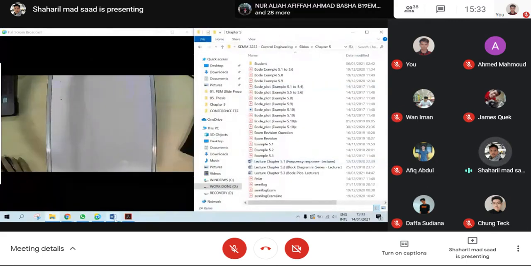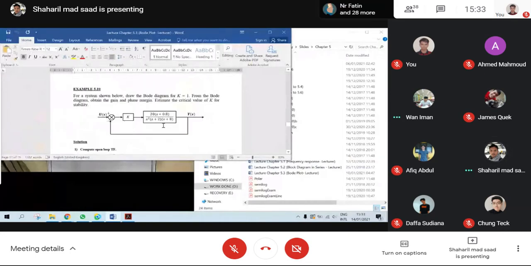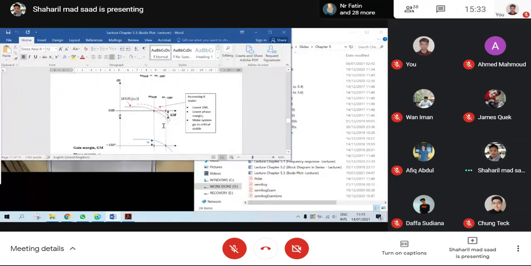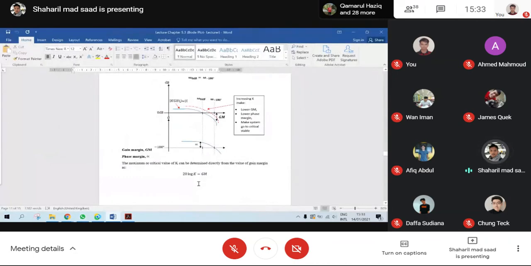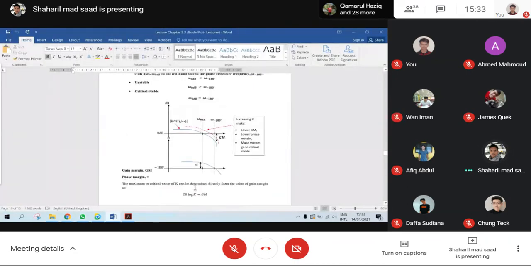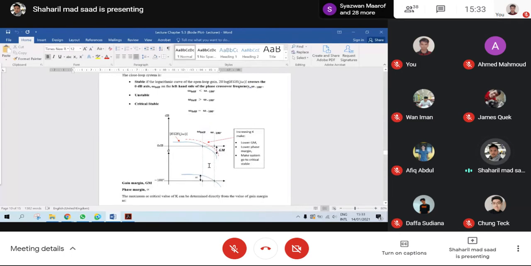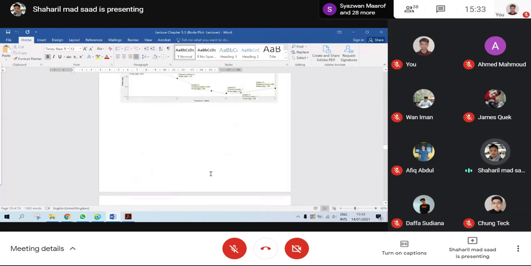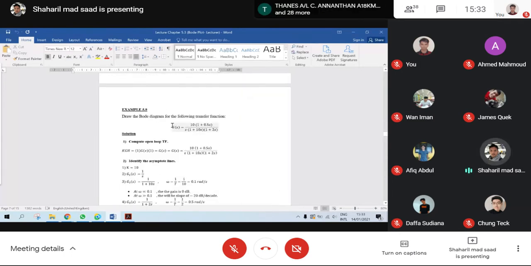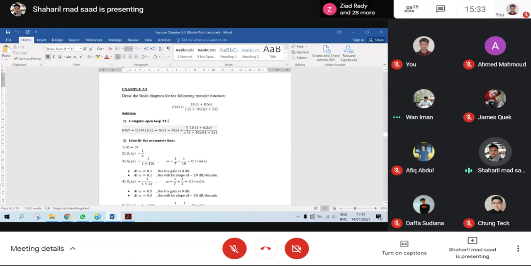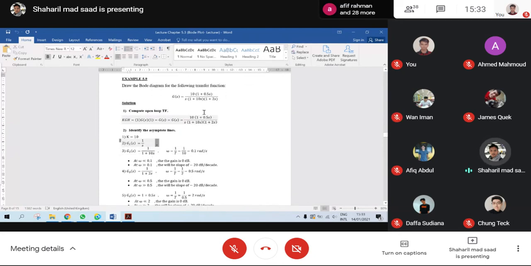Okay, let's look. We are coming back to this one. If you draw the Bode plot, you are given the transfer function like this one. Then you need to compute the open-loop transfer function KGH and identify the asymptotes.